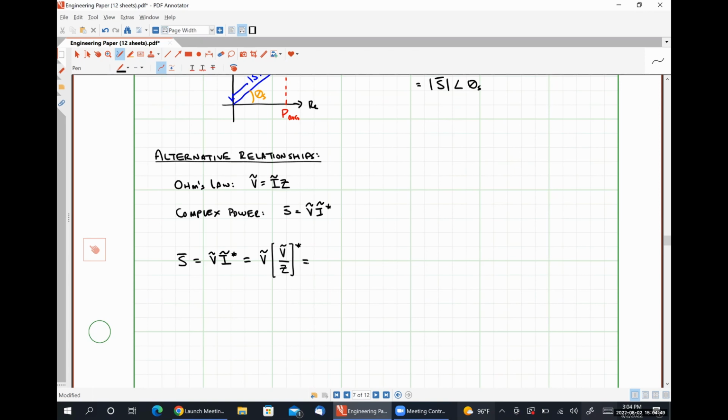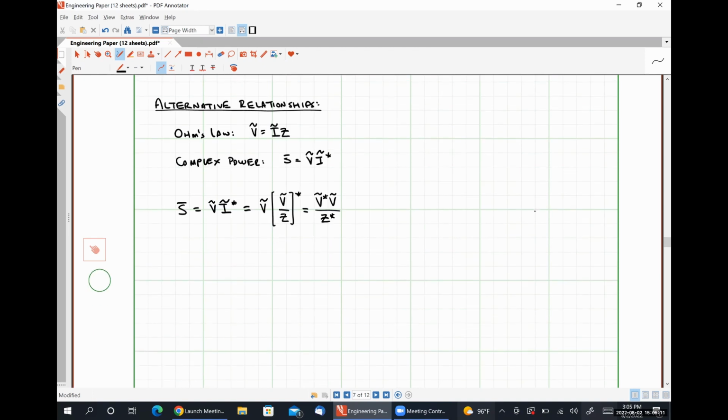When I conjugate a fraction, I conjugate both the numerator and the denominator. So this is going to look like V conjugate times V over Z conjugate.